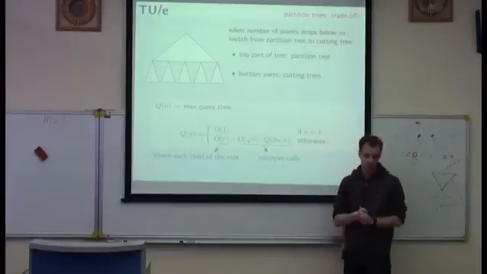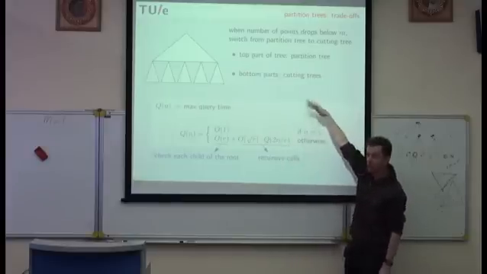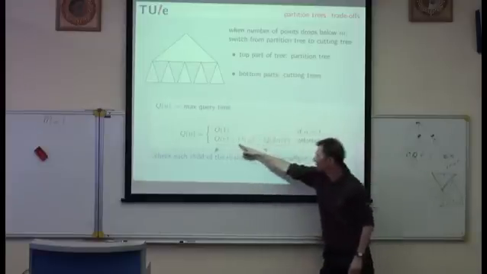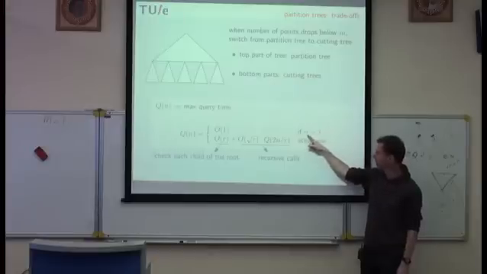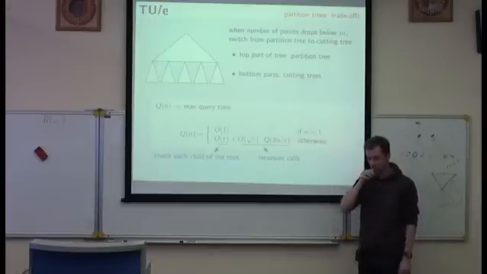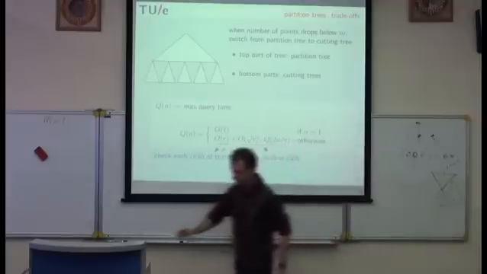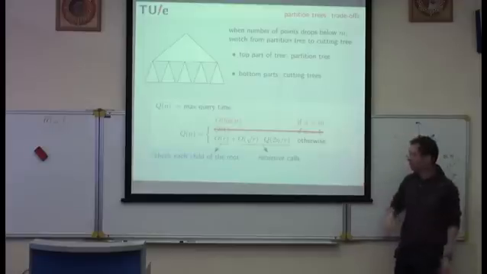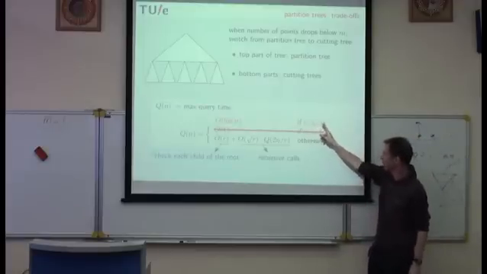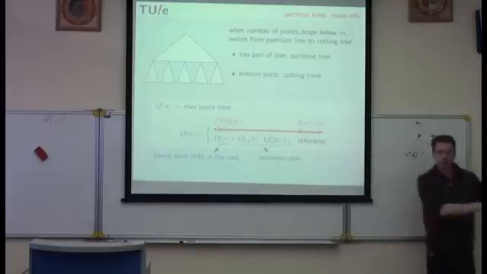Now, at the top level, I still have this recurrence. But when n equals m, I have a cutting tree, and what's the query time? Log n. So essentially now the base case of my recurrence is that when n is at most m, I don't do my recursion anymore, but I say, okay, now I have a cutting tree.